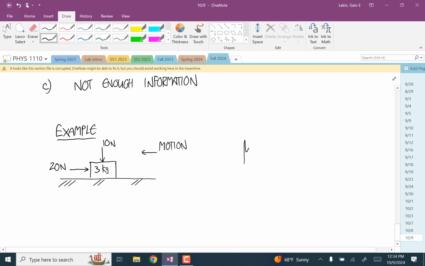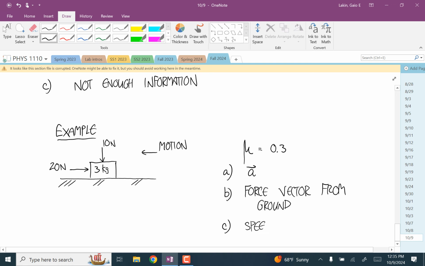And we'll say that the coefficient of friction is 0.3. And we want to know what's the acceleration vector. What's the total force vector applied by the ground? And then third, we want to know whether it's speeding up or slowing down.